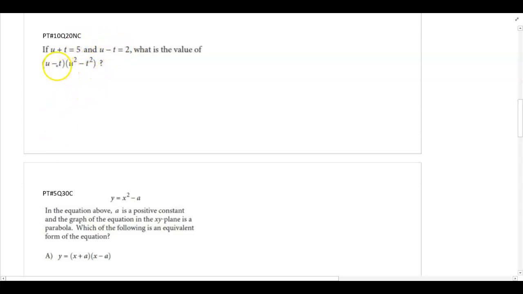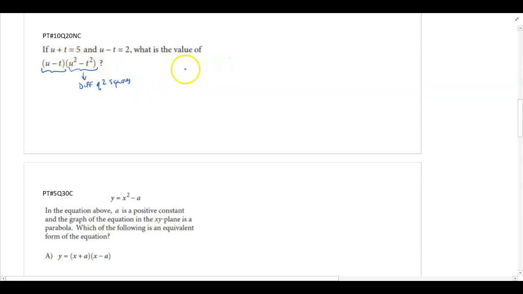So, right away, we know u minus t could technically down the road be replaced with 2. But u squared minus t squared, we don't know the values of any of that. But I do notice that this here is a difference of 2 squares.